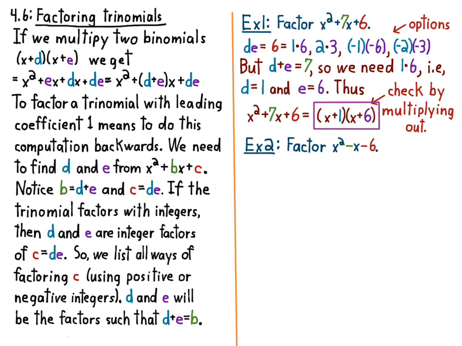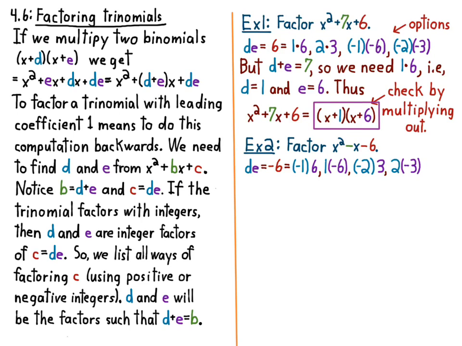Example 2, factor x squared minus x minus 6. So this has negatives in it. It still has that last term, it's negative 6. Now, if the product of d and e is negative 6, then either d or e has to be negative, right? So now the ones with negatives here will count. So these are the different ways of factoring negative 6 in terms of integers: negative 1 times 6, 1 times negative 6, negative 2 times 3, and 2 times negative 3.